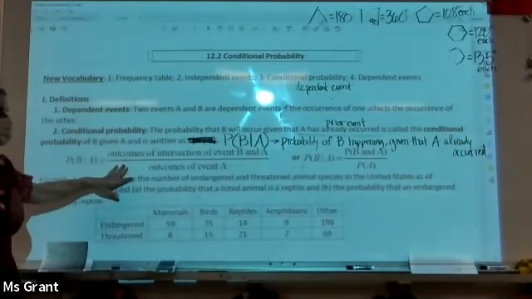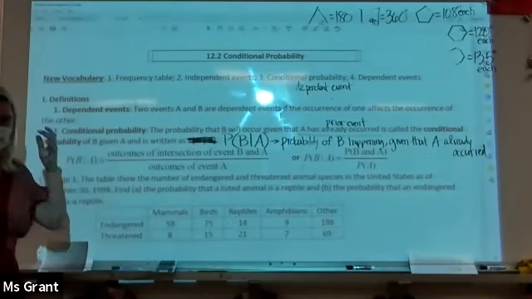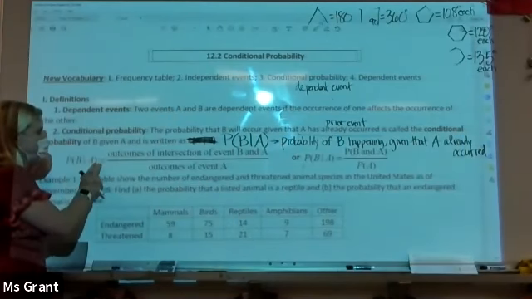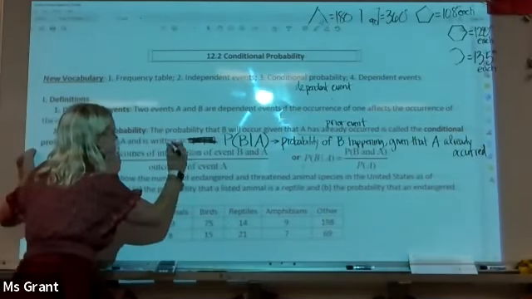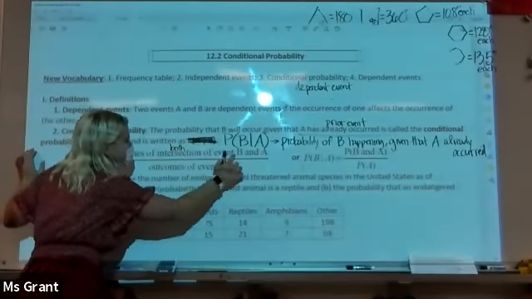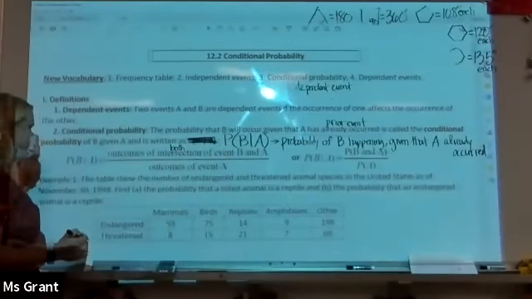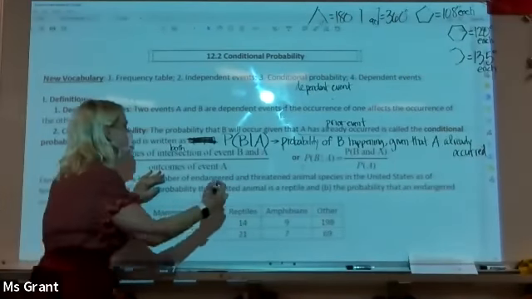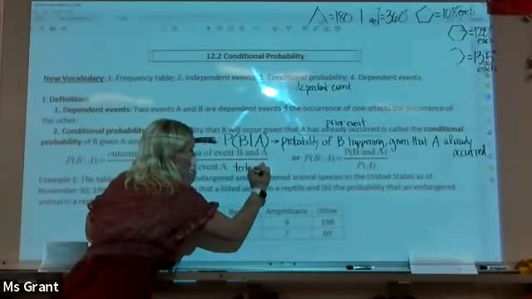As we've written out every single probability, with this one it's going to be the intersection, meaning both of them, both A and B happening, divided by the outcomes of event A, the total. This is usually the total.